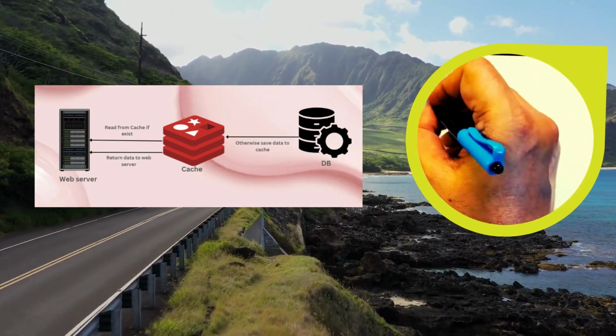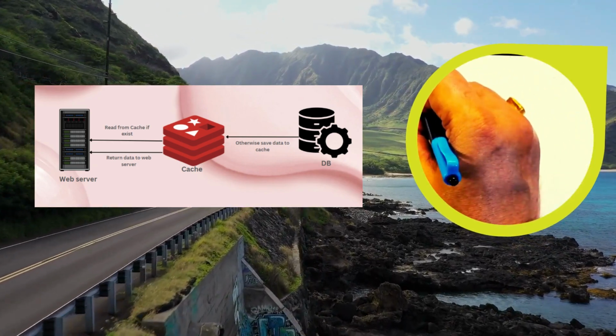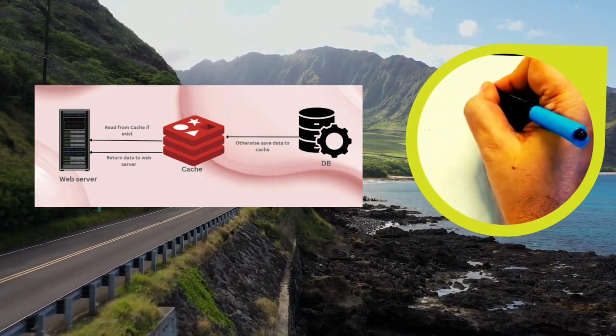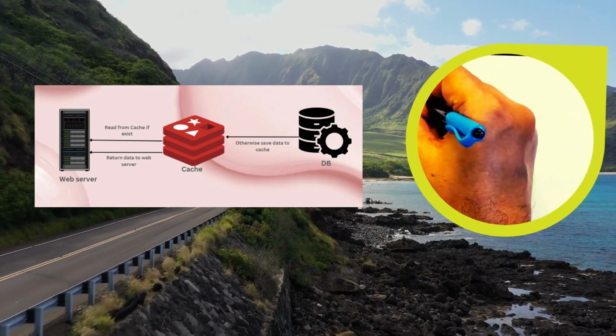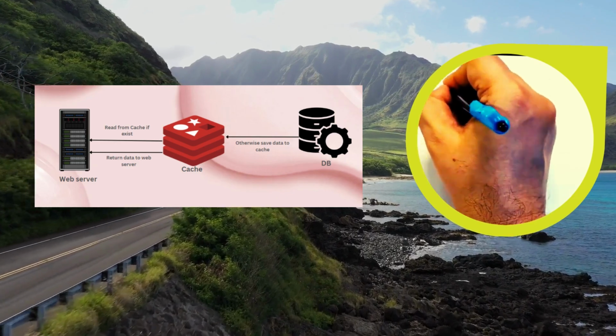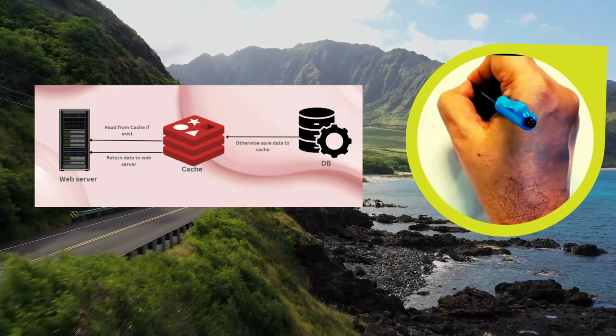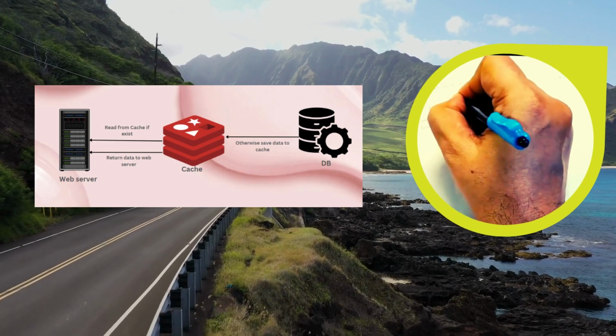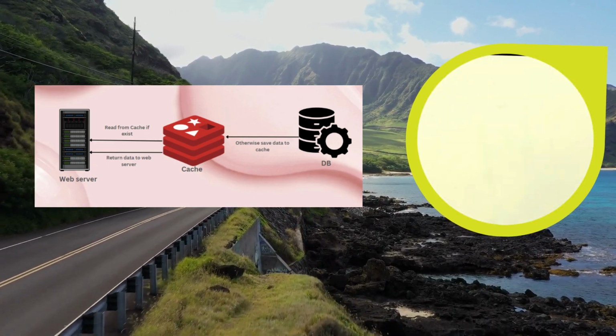Now whenever the web server sends any request to the cache, the first thing is they will check whether the data exists in the cache. If it does, they will return the data from there.